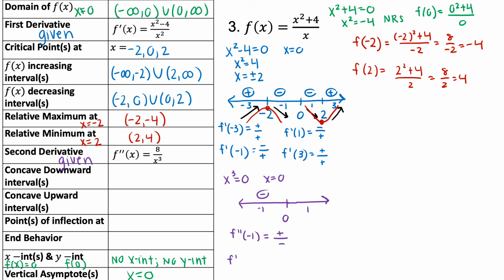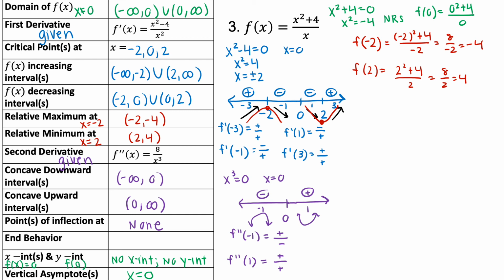And f double prime of 1 gives us 8, positive, over 1 cubed, positive, a positive value. So we are concave down from -infinity up till 0, and then we are concave up from 0 to infinity. We do change our concavity at x equals 0, but remember that was our x-intercept, so we have no point of inflection.